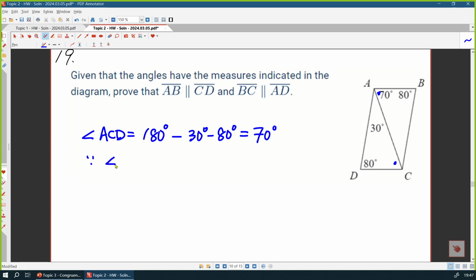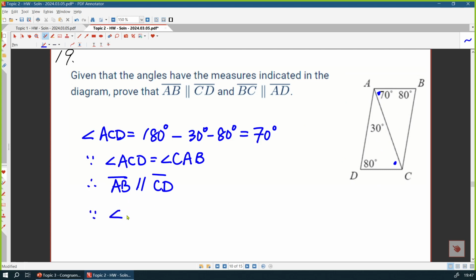And then you could say, because angle ACD equals angle CAB, we have line AB is parallel with line CD, right? Again, alternate angles are equal, indicating parallel lines.